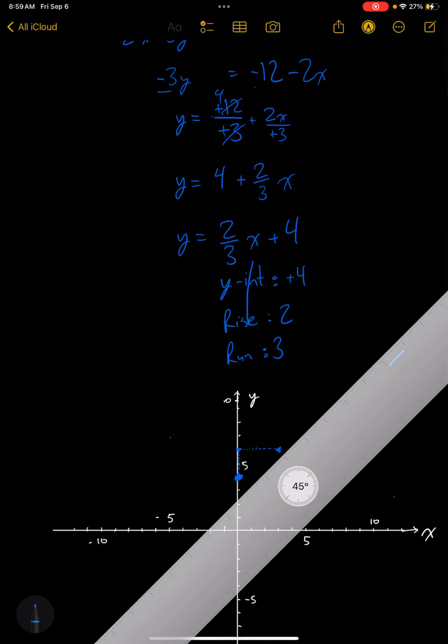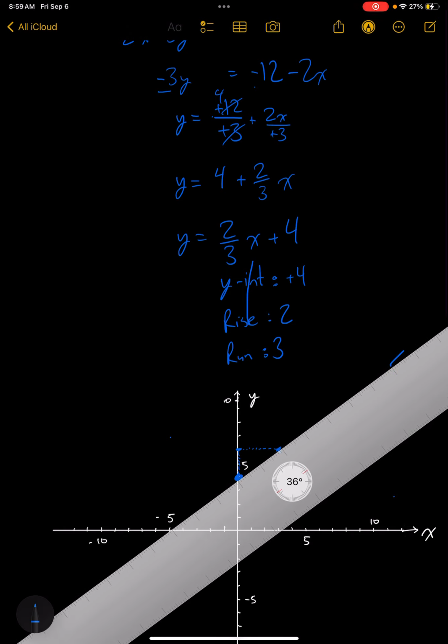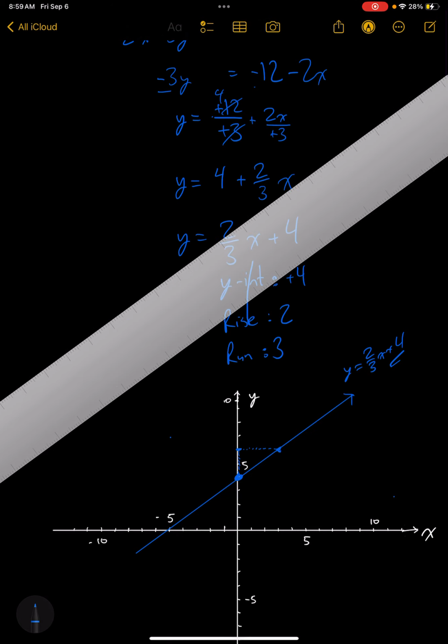And we join the dots, connect the dots, and we have our graph of y equals 2 over 3x plus 4. And now finally, don't forget to put the arrows on both sides.